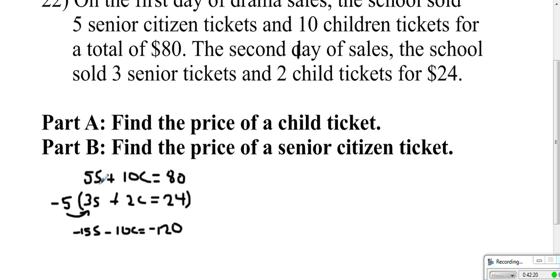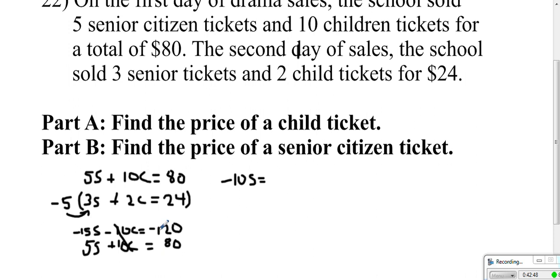Okay, so now I'm going to rewrite the first equation underneath it. And yes, the C's cancel. So negative 15S plus 5S is negative 10S.